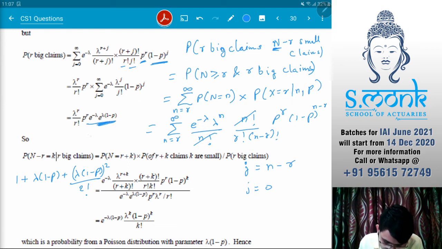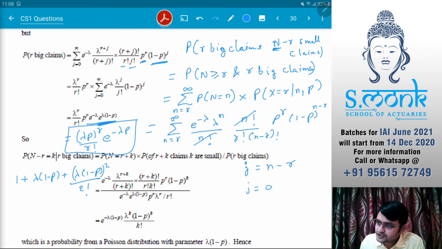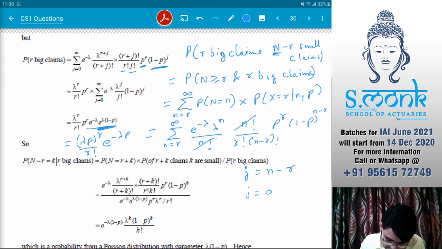If you substitute, you will get lambda p raised to r by r factorial into e raised to minus lambda p. So that shows that r is nothing but a Poisson distribution. Although that was not asked, but you can write that as well.